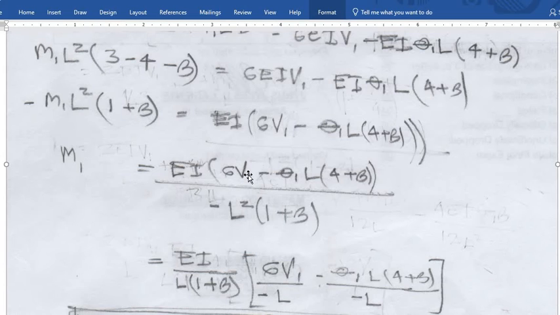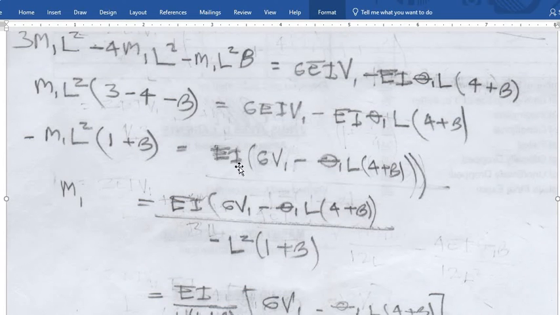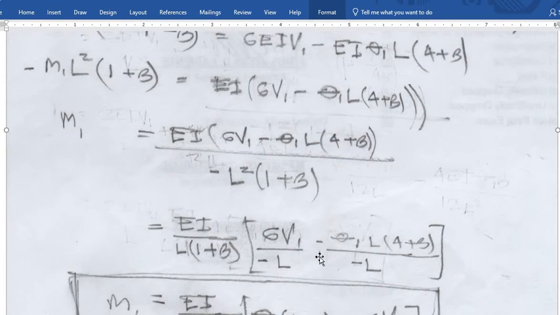Okay, and then, we transpose negative 1, L squared, and 1 plus beta to isolate M1. So, finally, M1 now becomes this equation. EI times the quantity 6V1 minus theta 1L times the quantity 4 plus beta all over negative L squared times 1 plus beta.